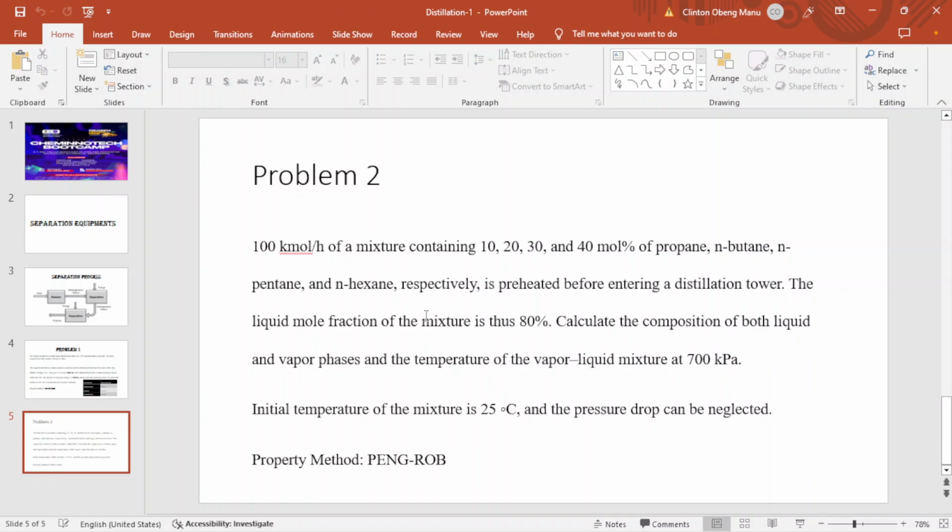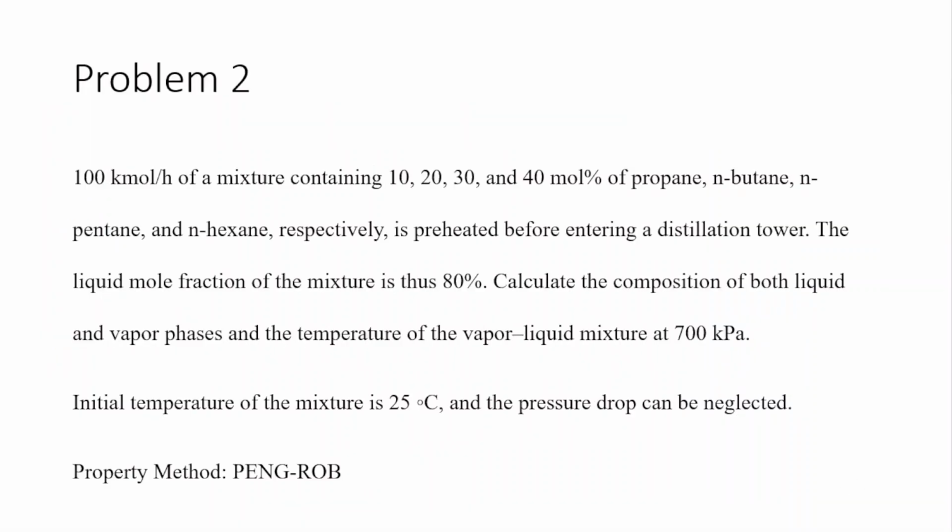Let me read problem 2. 100 kilomole per hour of a mixture containing 10, 20, 30, and 40% of propane, butane, pentane, and hexane respectively is preheated within a distillation column.